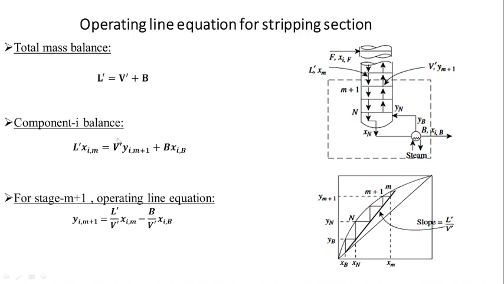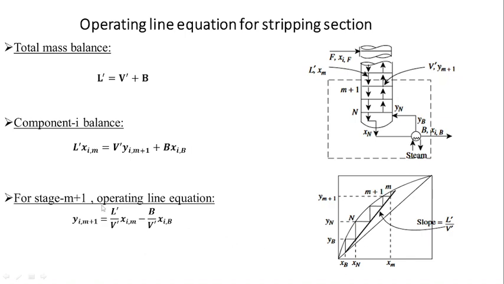After this, we divide throughout by V dash and move this B xiB to the left hand side. We obtain the equation of the operating line in the stripping section for the stage M plus 1, which is given by yiM plus 1 equal to L dash by V dash xiM minus B by V dash xiB.